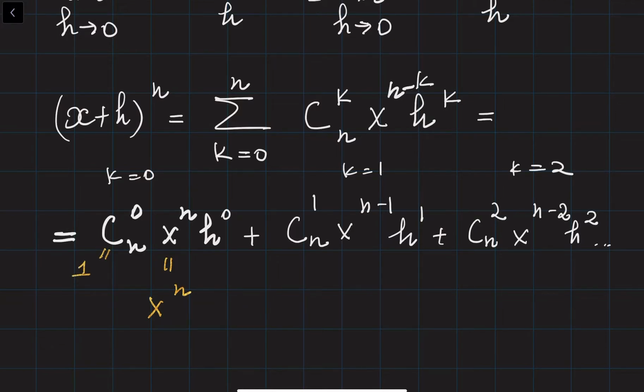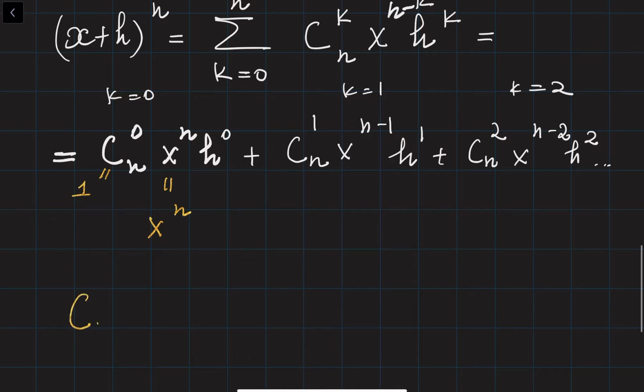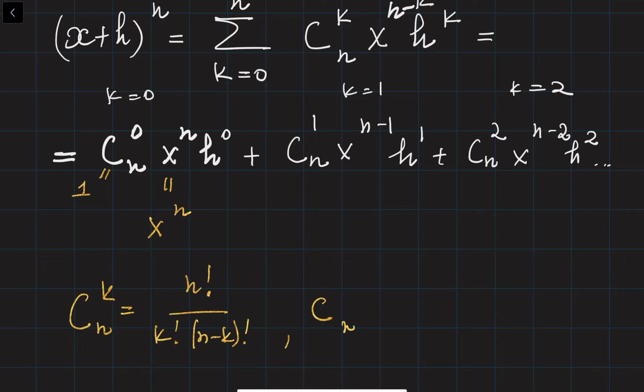If you remember the formula for C(n,k), it's n factorial divided by k factorial times n minus k factorial. So if you calculate C(n,0), it's n factorial divided by 0 factorial times n minus 0 factorial, which is simply n factorial divided by n factorial, equal to 1.